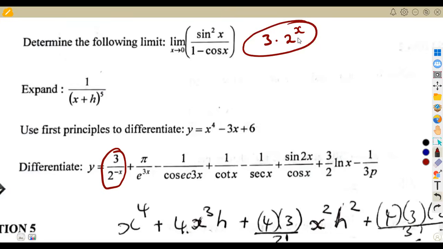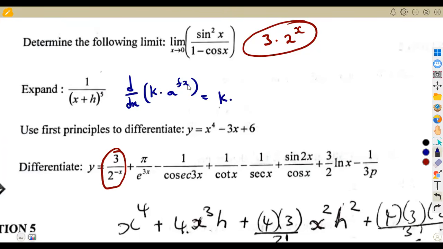How can we determine the derivative of this? Remember, for this type of exponent, I talked about this: we can have the derivative with respect to x of k a to the exponent of f of x. The derivative of such is going to be equal to k, which remains as it is since k is the constant.